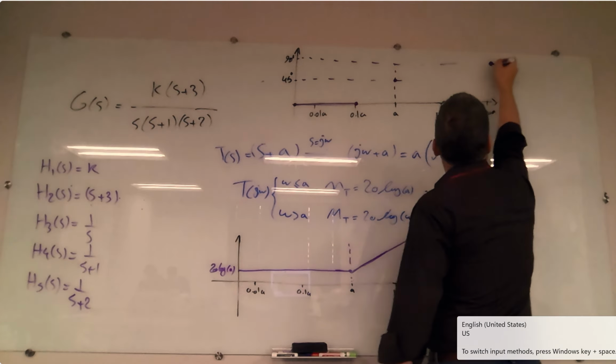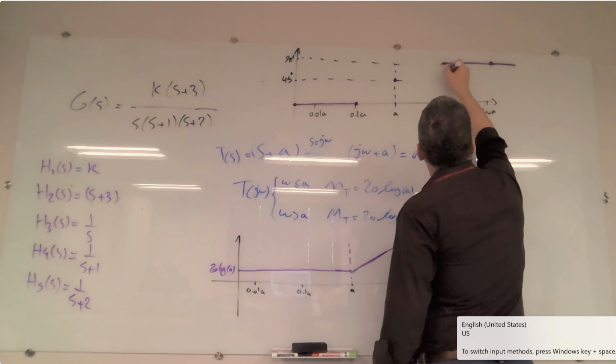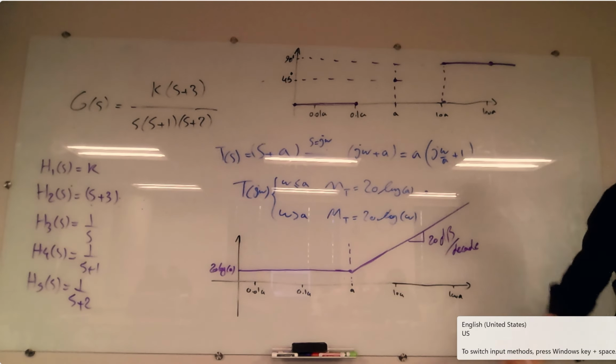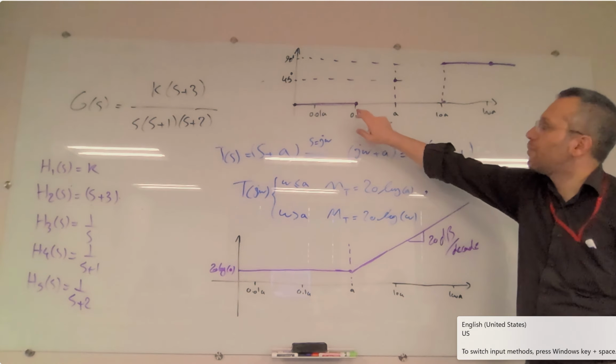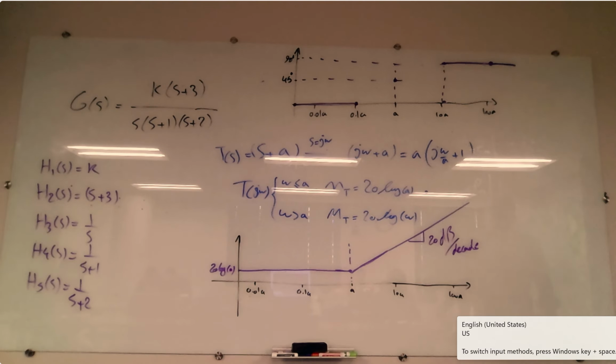So this 90 degrees can come all the way up until the 10. Now, what's going to happen between the 0.1 and 10? We are going to use a simplified version, or as we call it, asymptote lines.